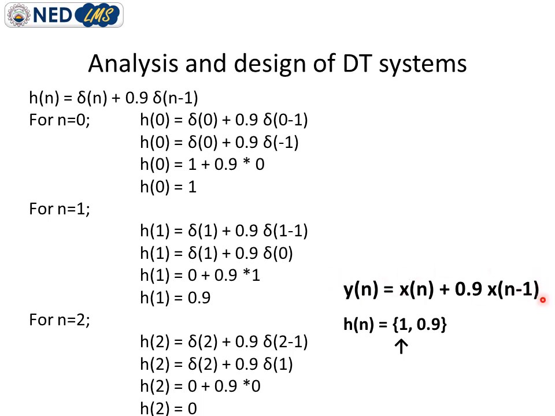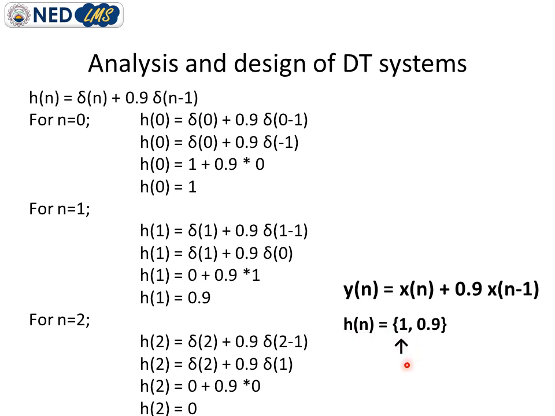So we represent it in terms of sequence, because impulse response is again a signal, so we represent it in the form of sequence. And you can see that we have placed arrow at the first value which is pointing n is equal to 0, and this is n is equal to 1, and we placed the result of n is equal to 0 as 1 here, and the result of n is equal to 1 which is 0.9 here.